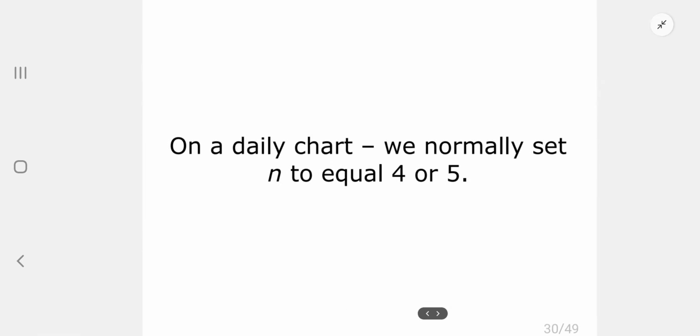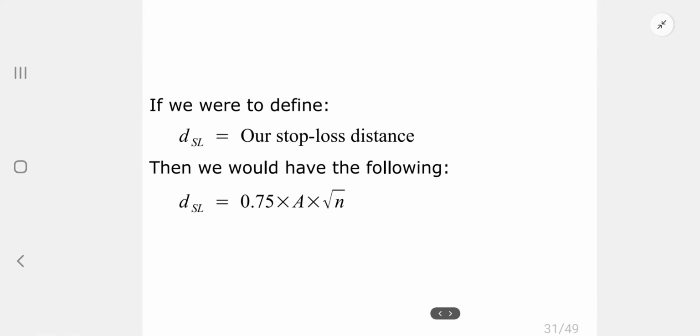On the daily chart, we normally set n to equal 4 or 5. If we were to define DSL to equal our stop loss distance, then we would have the following. DSL equals 0.75 times A times the square root of n.